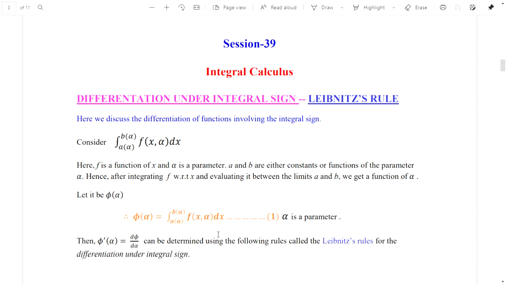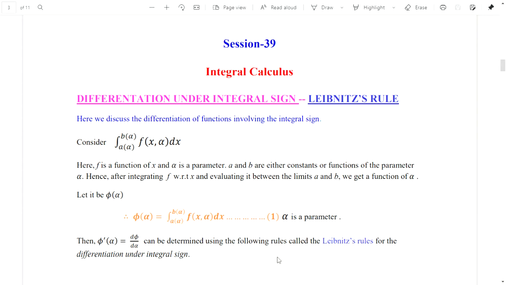For example, if we were differentiating with respect to x, then differentiation and integration would cancel and we would have our original f(x, alpha). But here the integration is with respect to x, but we are differentiating with respect to alpha. So that's why the integration will not get cancelled here.